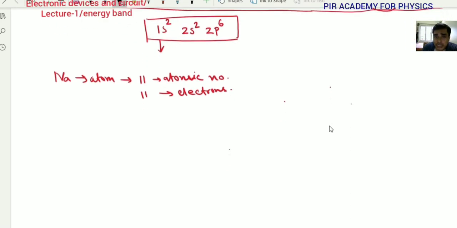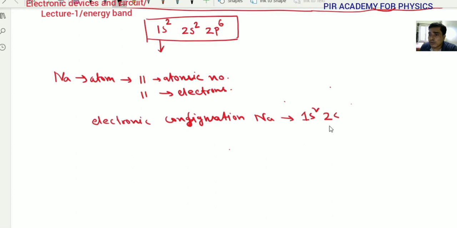The electronic configuration of the sodium atom will be 1s2, 2s2 and 2p6, that will be 10, and 3s1, and the next, 3p, is vacant.